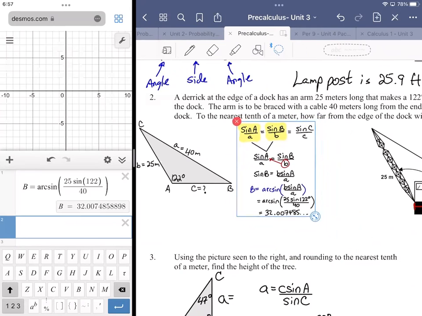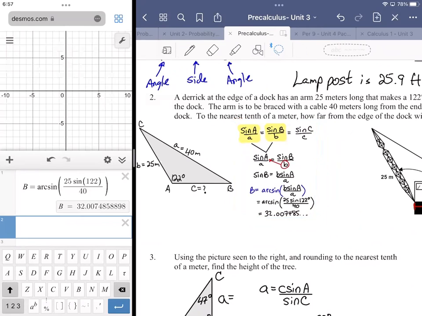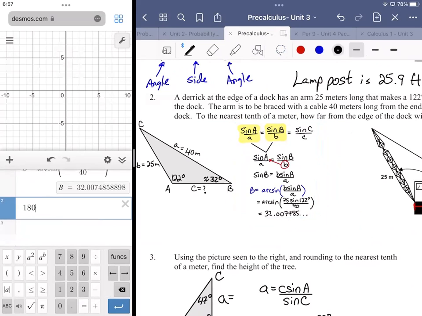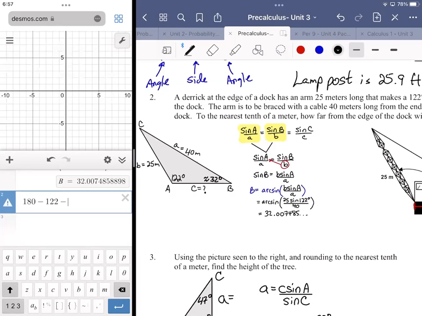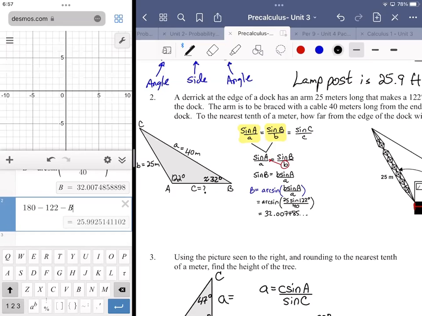So what I need to do now is use that to help me figure out a couple of other pieces of information. Well, ultimately, I need side C. If I know that angle B is approximately 32 degrees, then angle C is going to be 180 minus my known A value, which is 122, minus my known B value, which I don't want to get into typing that whole decimal in there.